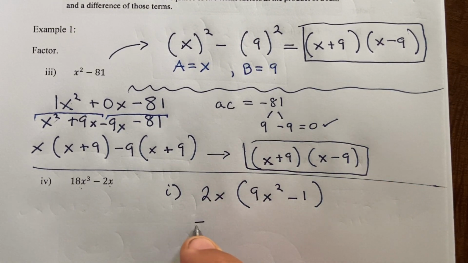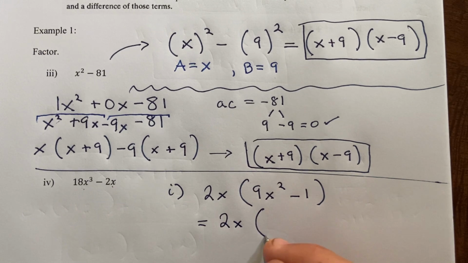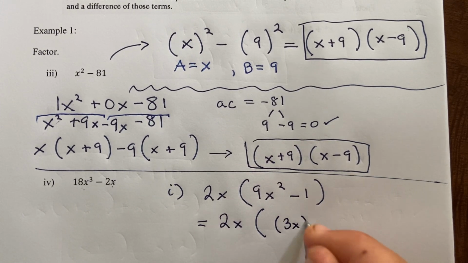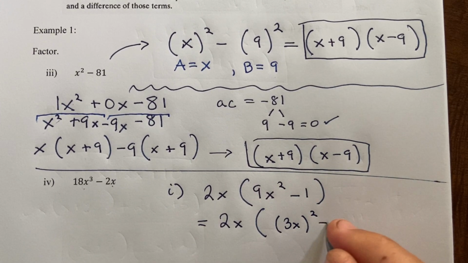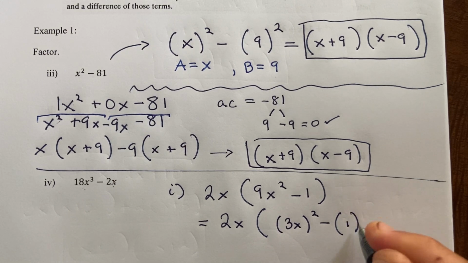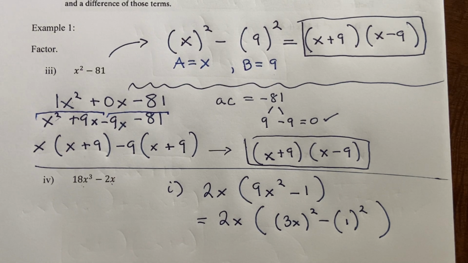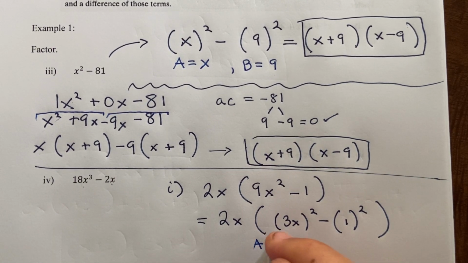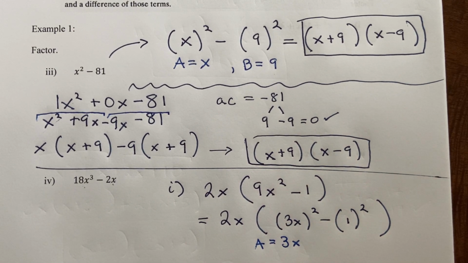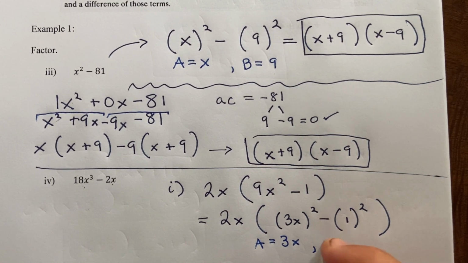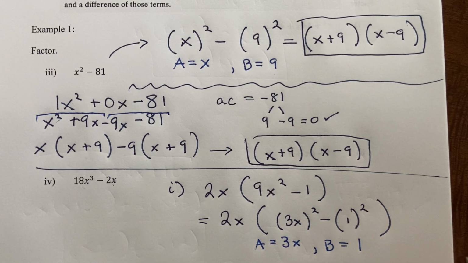This would be the same as 2x times 3x all squared minus 1 all squared. So in this case, we have that a is being played by 3x and b is being played by 1.